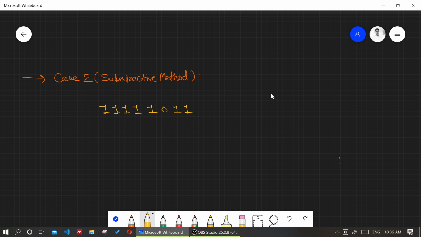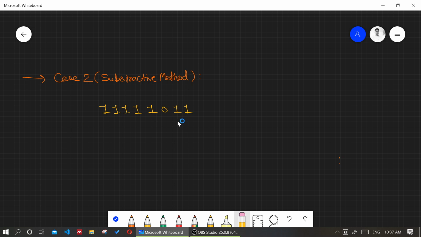But what we have to observe is, if there is no zero in this example, then this binary value will be equivalent to 255. Because it's an 8-bit number, so 2 raised to the power 8 minus 1, that is 256 minus 1, 255.